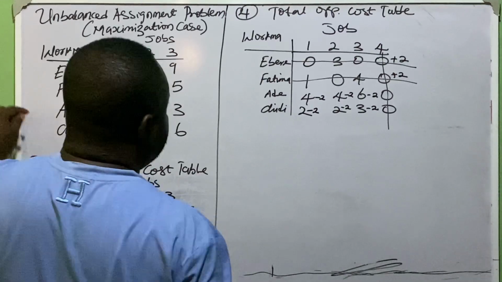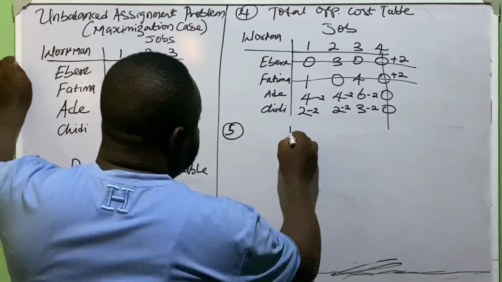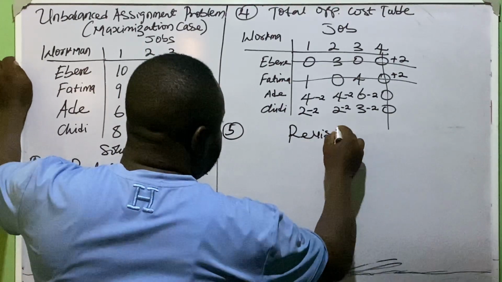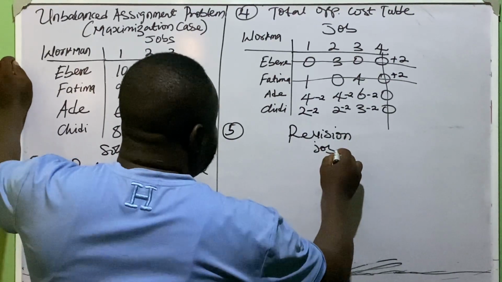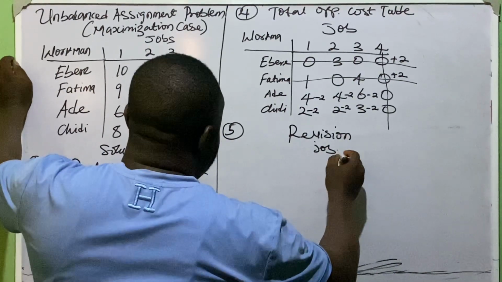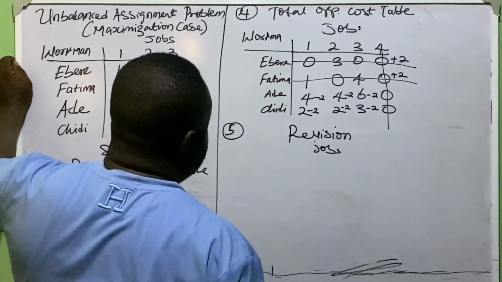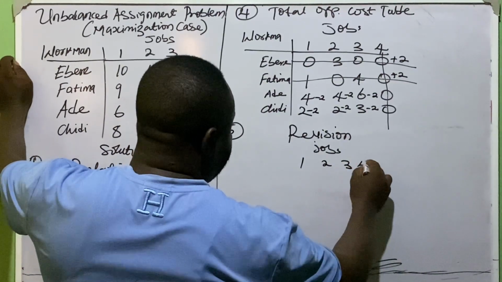So step 5, we call this revision. And this is our job. Okay, here are jobs, and we have 1, 2, 3, and 4.